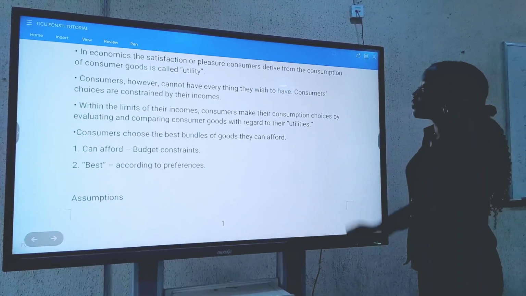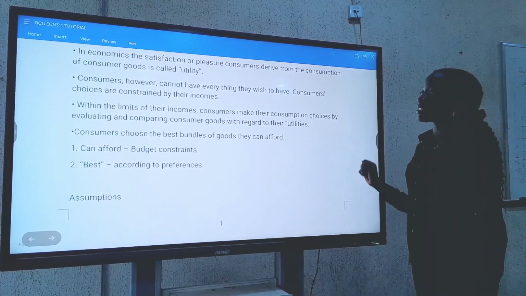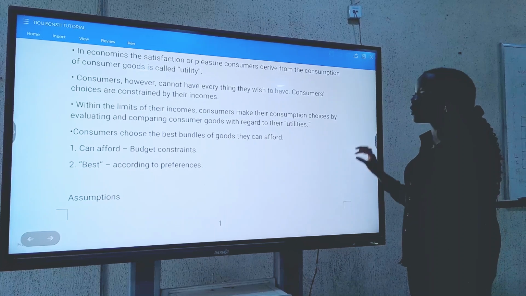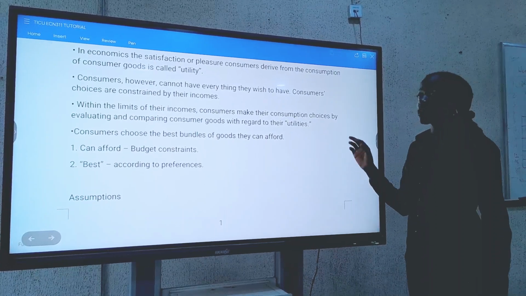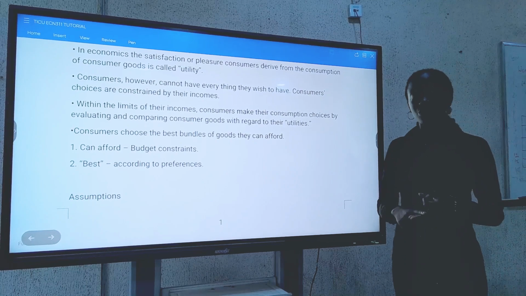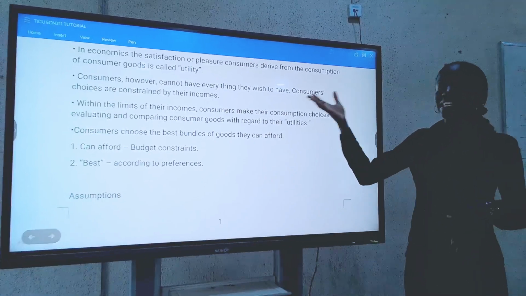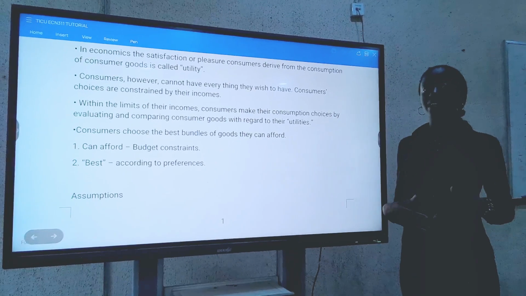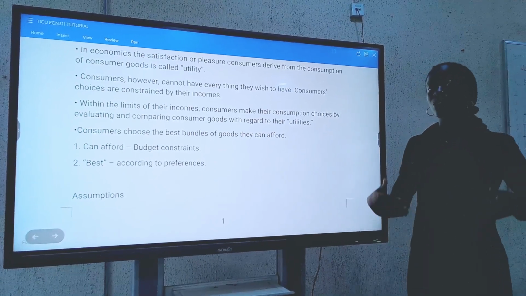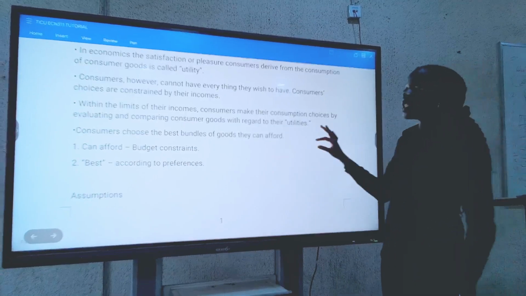Within the limits of this income, consumers make their consumption choices by evaluating and comparing consumer goods with regard to their utilities. So if I want to get water, I want to get wine, I want to get ice cream, what I will end up getting because of my limited income will depend on the amount of utility, amount of satisfaction I derive from those goods I want to get.